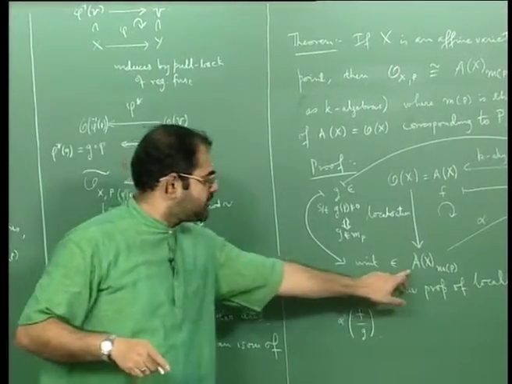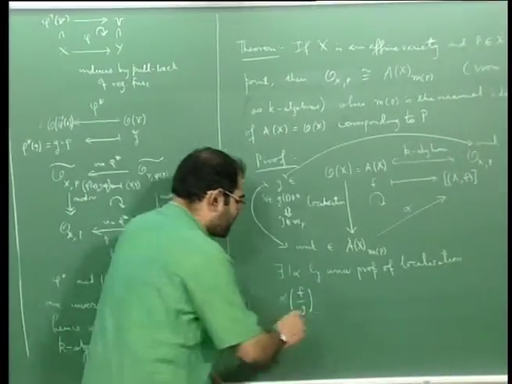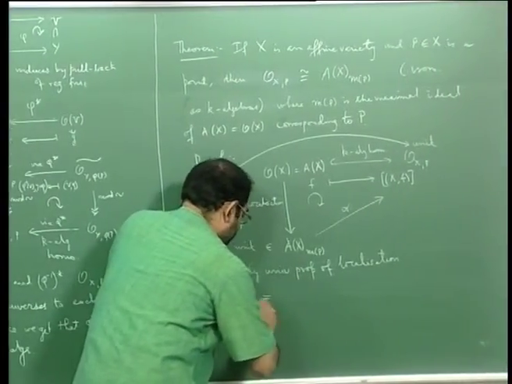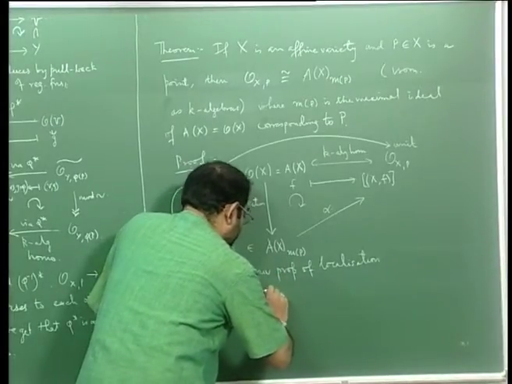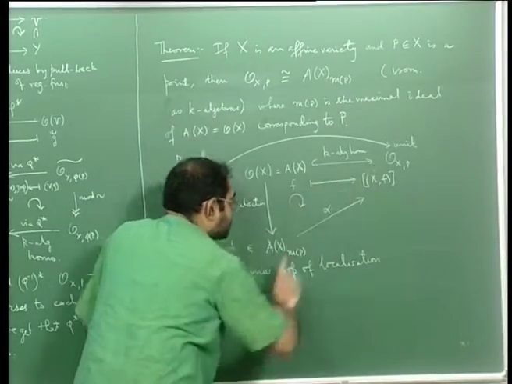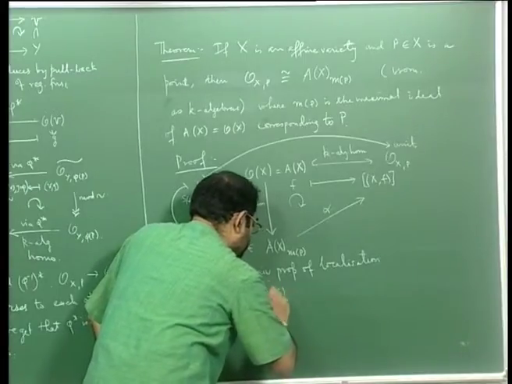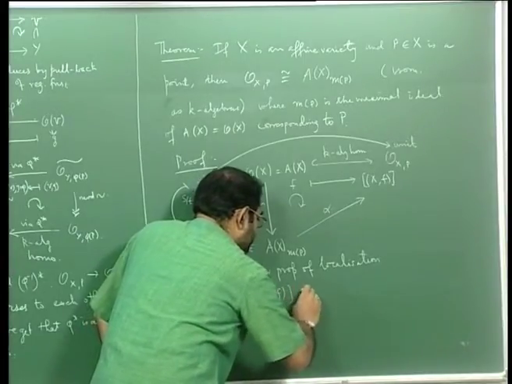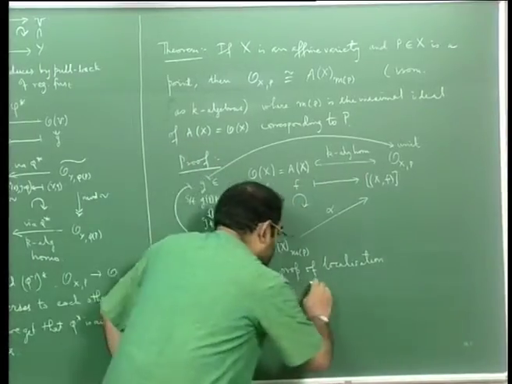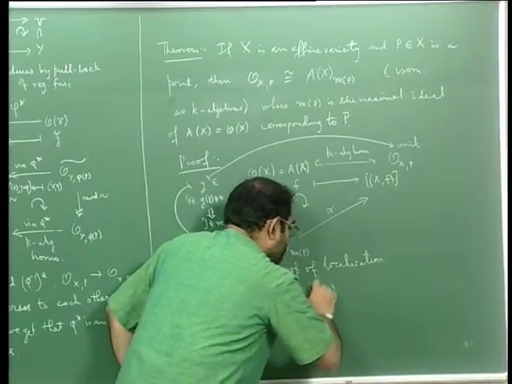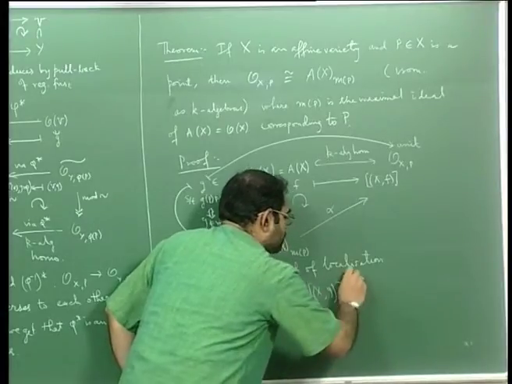And alpha of f by g is going to be very simple: you just take the image under this, so you get the germ of f times, since the germ of g is invertible, the germ of g inverse.